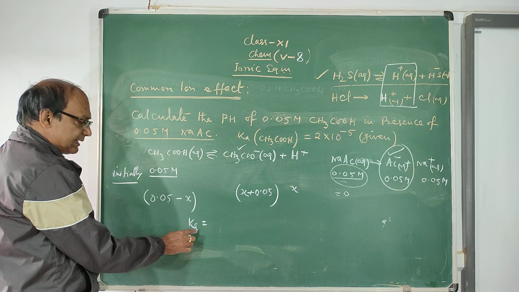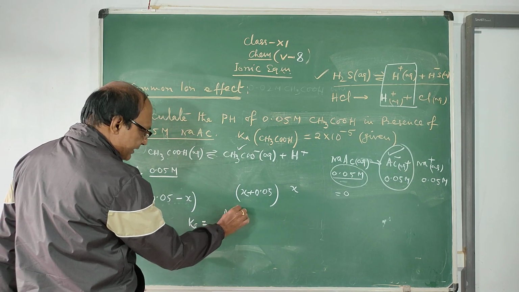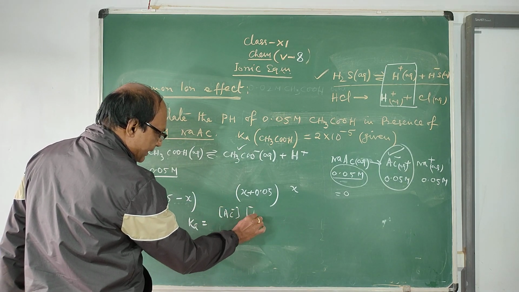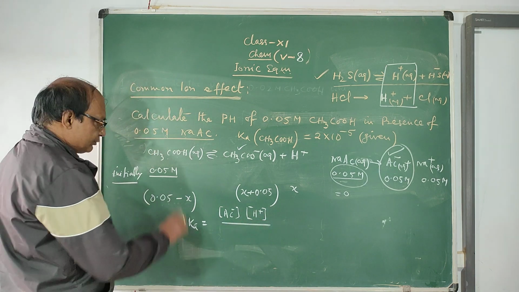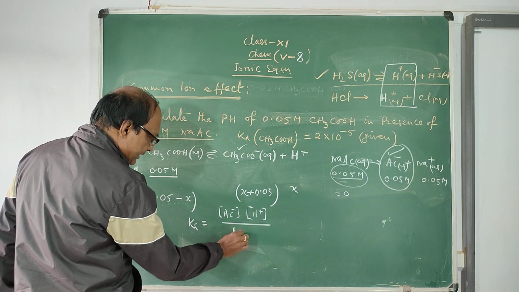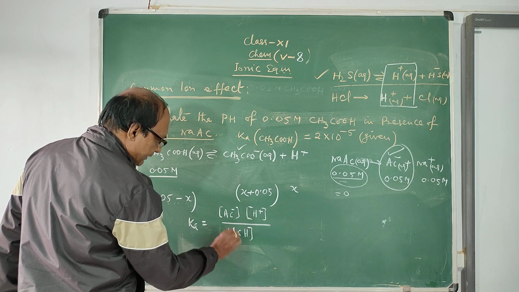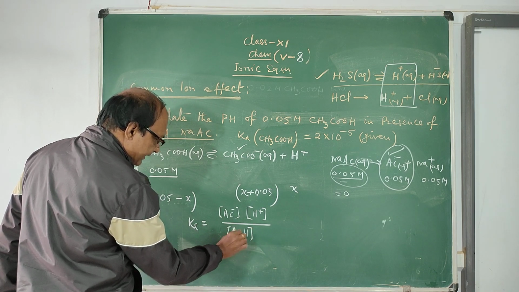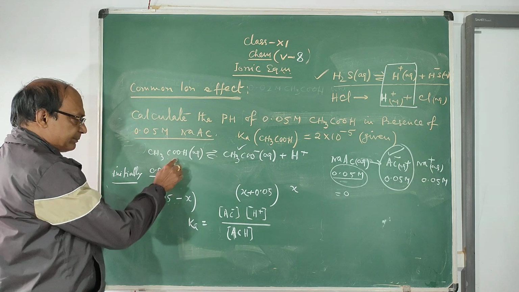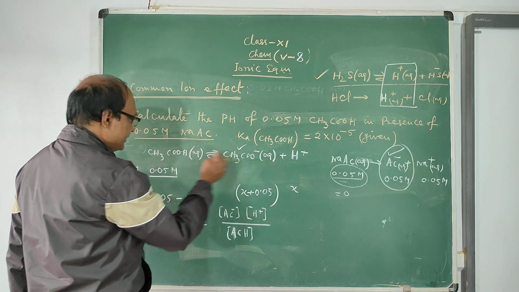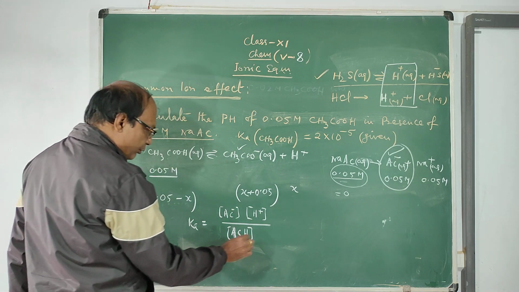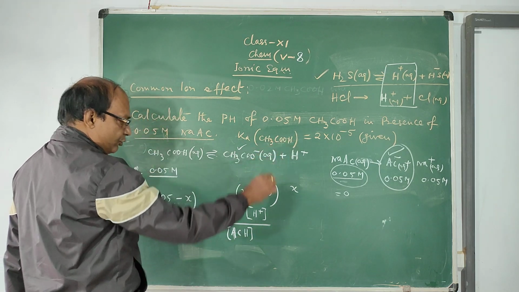Therefore, if you write Ka, the dissociation constant of this acid, it is acetate ion concentration multiplied by hydrogen ion concentration divided by acetic acid concentration. This is the expression of Ka: the concentration of this into the concentration of this by the concentration of this. Now put their values. Ka is known.